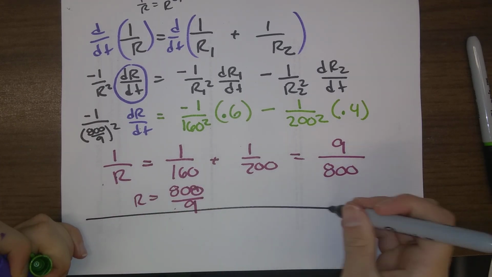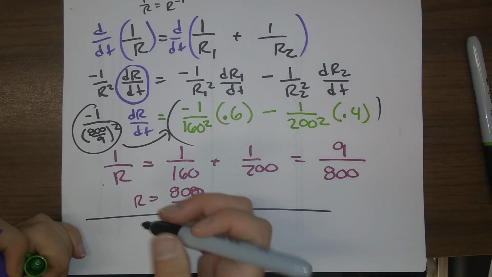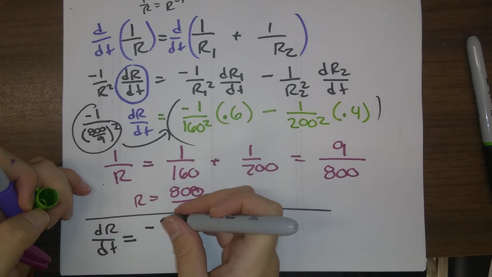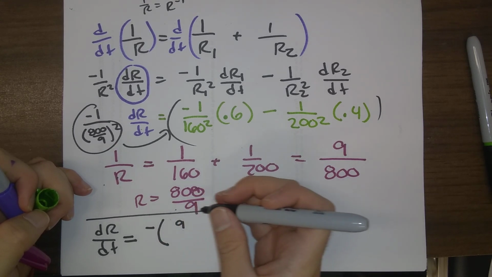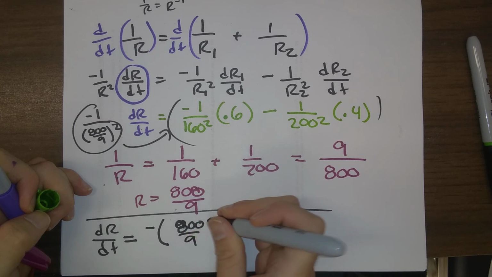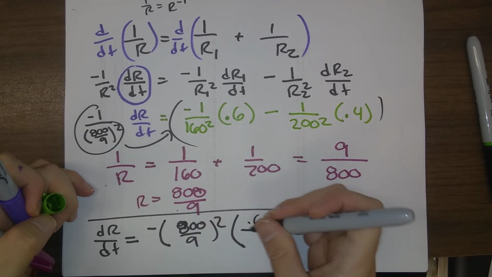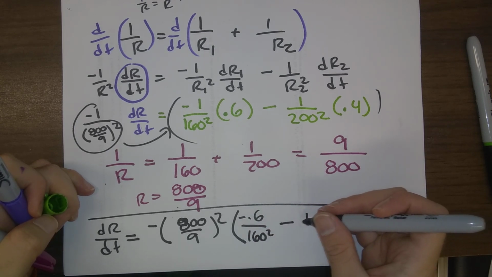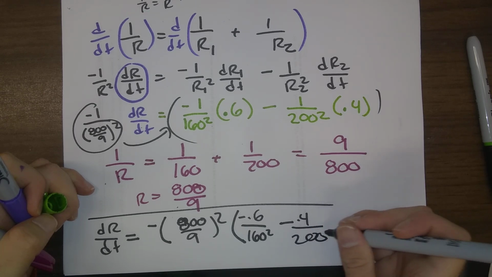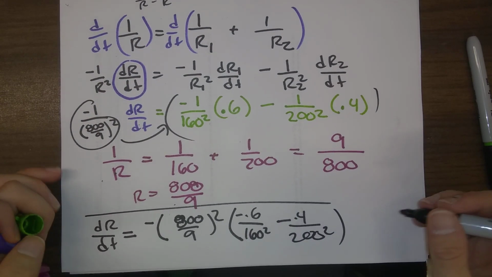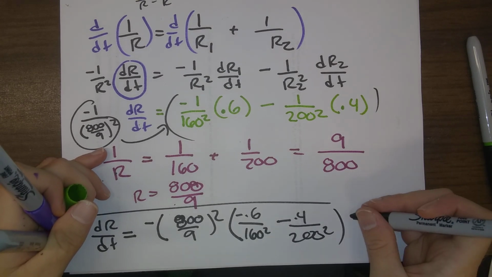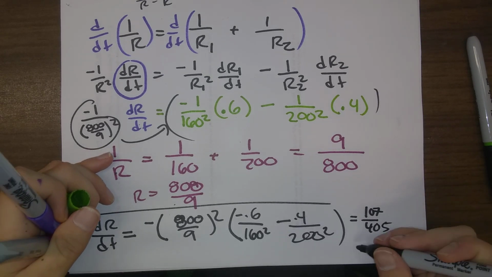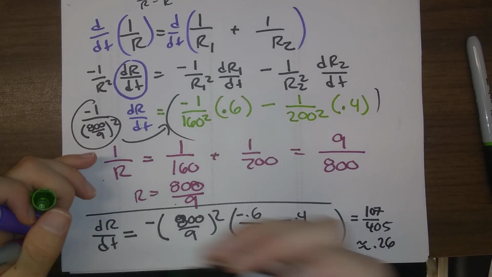So we rearrange, we move this to the other side, and so we end up with dR/dt is minus 800 over 9 squared times minus 0.6 over 160 squared minus 0.4 over 200 squared. And crunch, crunch, crunch, it ends up as 107 over 405. Or that looks like about 0.26 to me.